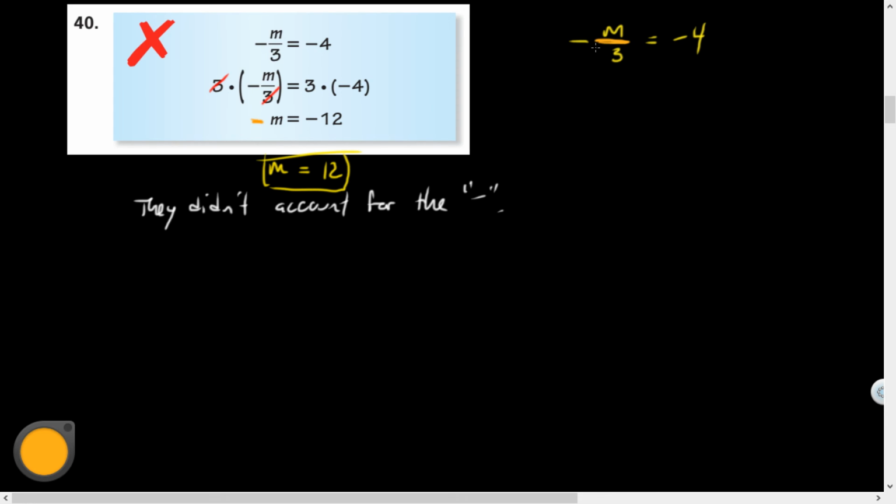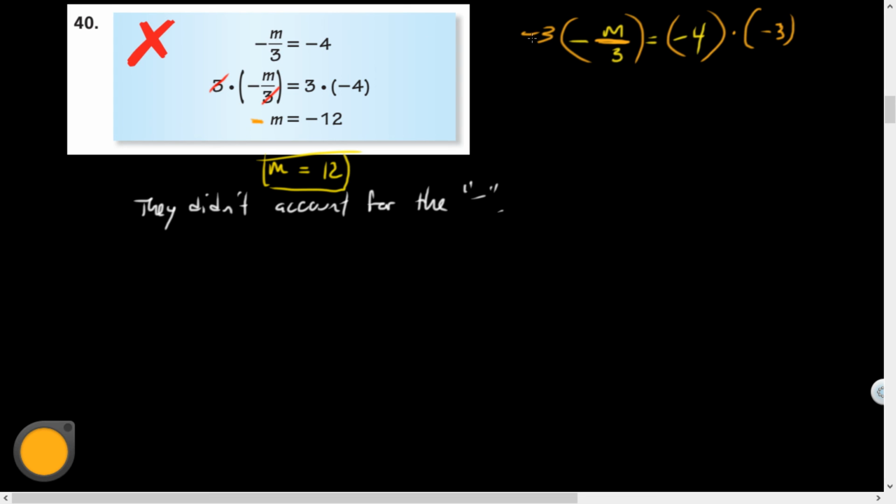Well, the operation in play is division. This minus sign is just saying, well, yeah, multiplying is what they did, and I agreed with that step. But to do this all in one fell swoop, I could actually multiply by -3 on both sides. All right, so multiplying by 3 cancels out the denominator like we showed here.